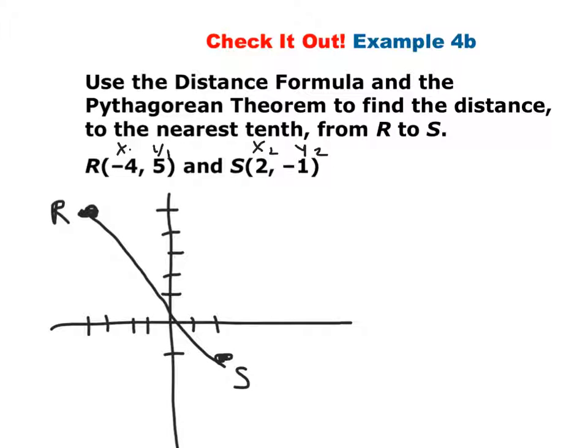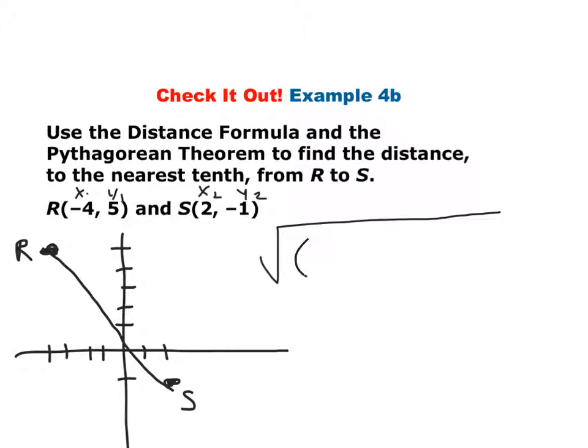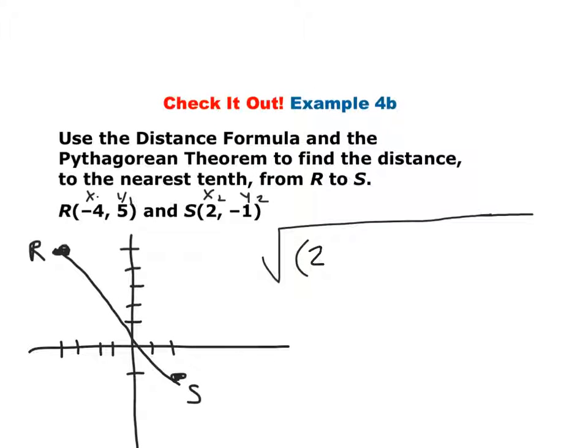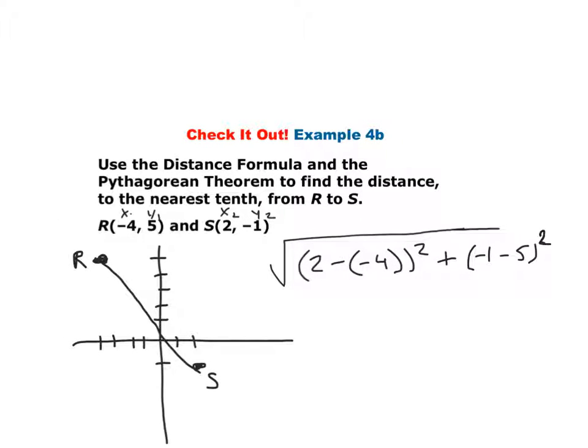So what's the distance formula? The square root of, what comes first? x2 minus x1, so 2 minus -4, plus y2 minus y1, squared. So what is 2 minus -4?